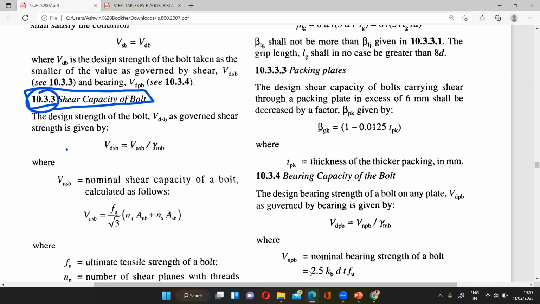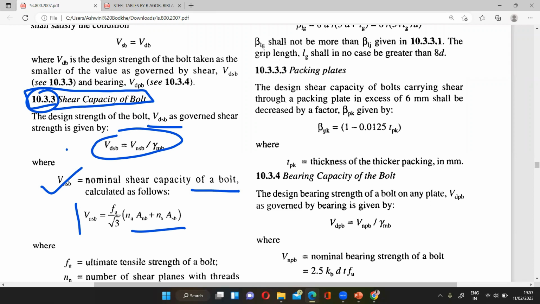The design strength of bolt VDSB as governed by shear strength is given as VDSB equal to VNSB upon gamma MB, where VNSB is nominal shear capacity of bolt. And the formula of VNSB is FU upon root 3 into (ANB NN plus ASB NS), where FU is ultimate tensile strength of bolt.